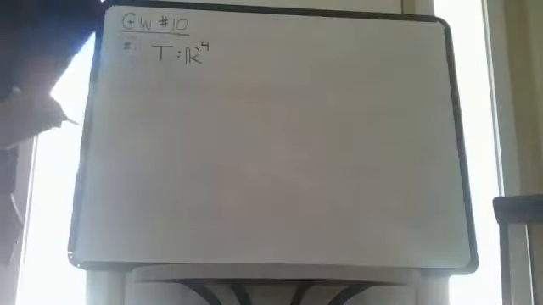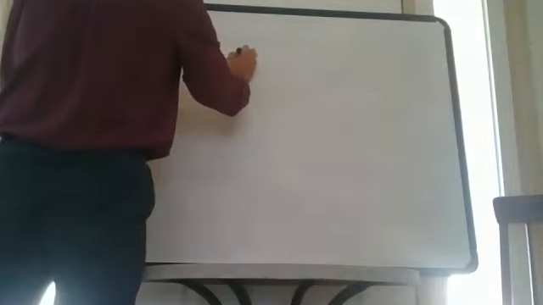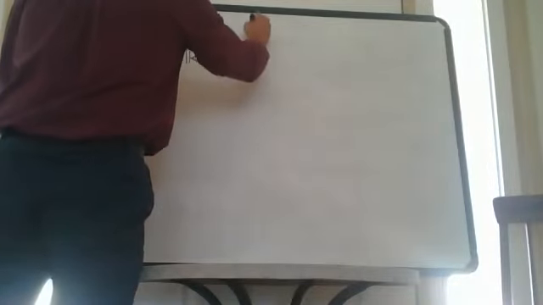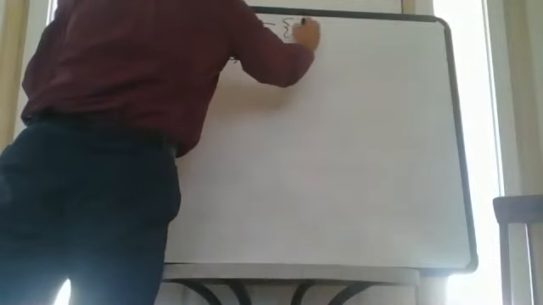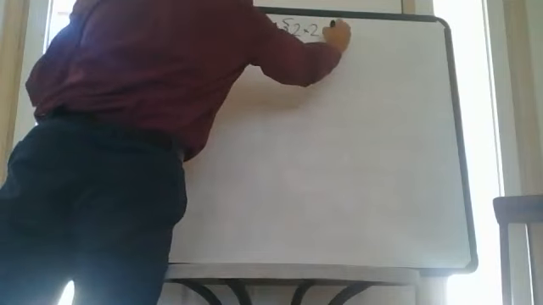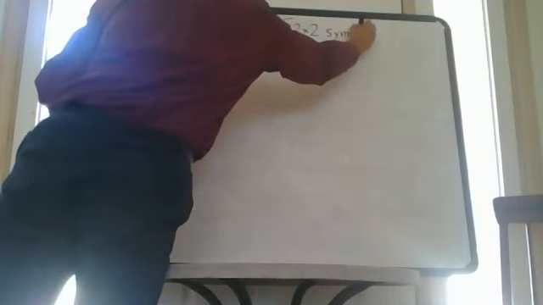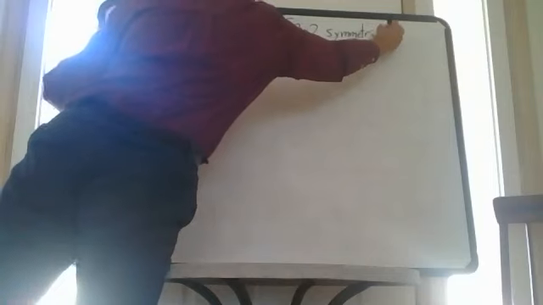So let's suppose that we have a transformation on problem number 1 that goes from R4 over to W, and W, as given in the question, is the set of 2 by 2 symmetric matrices.